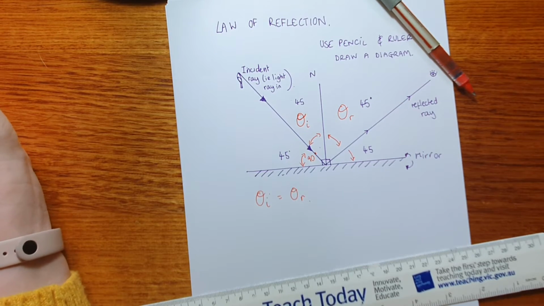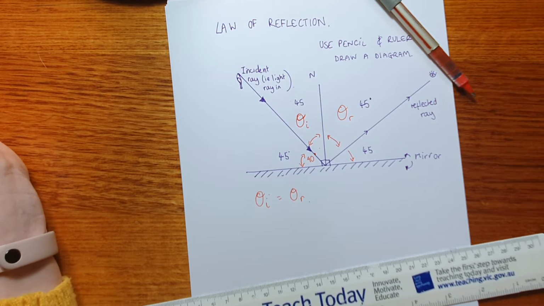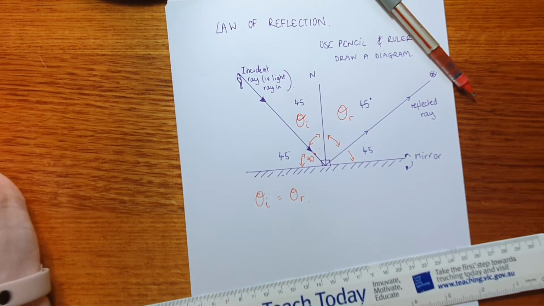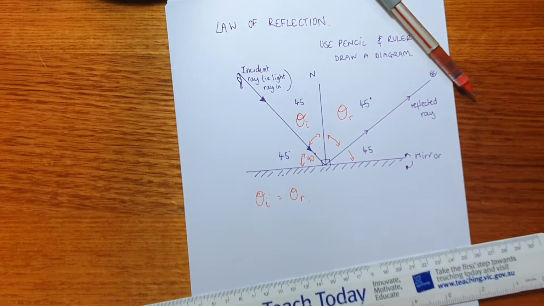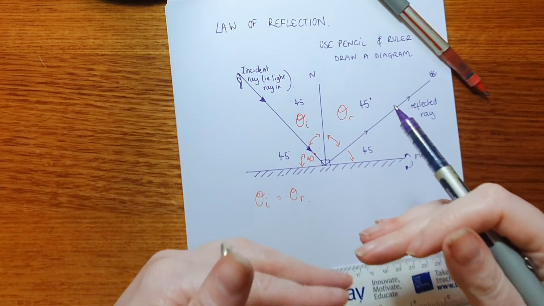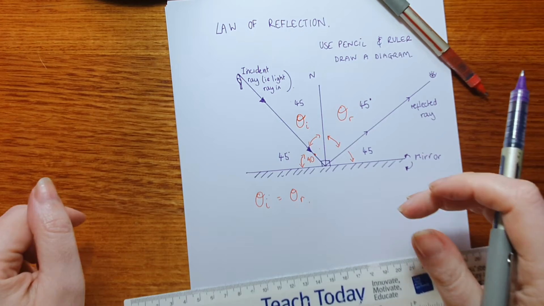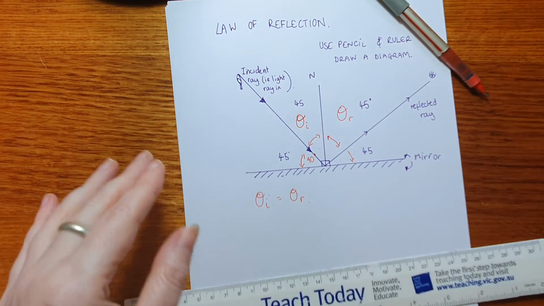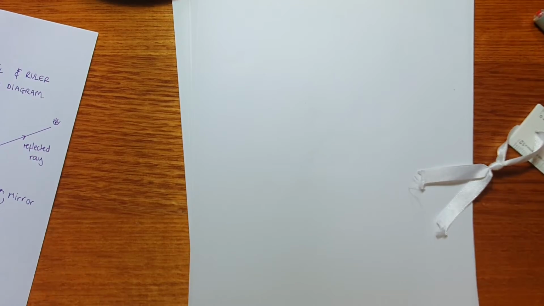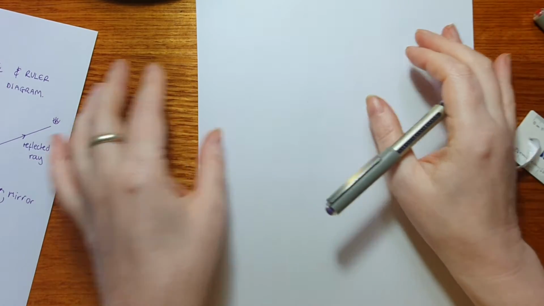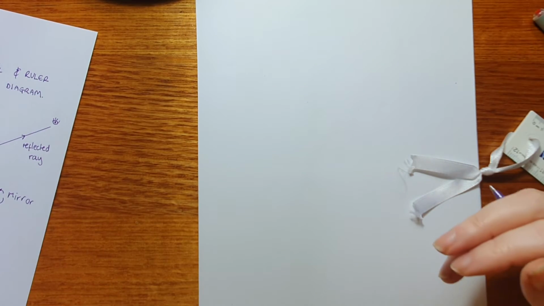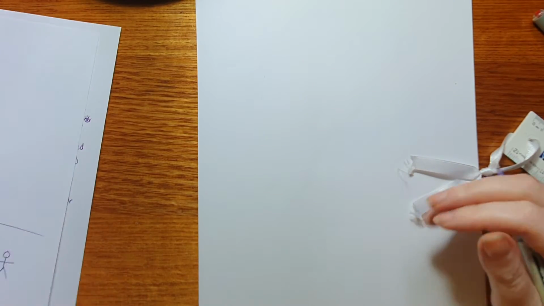So our next step is going to be looking at our reflective rays and how we can see our images. This is just a very simple law of reflection. Now we're going to look at our virtual images, real images, and line of sight. We're going to look at, will we be able to see an image, and virtual images.